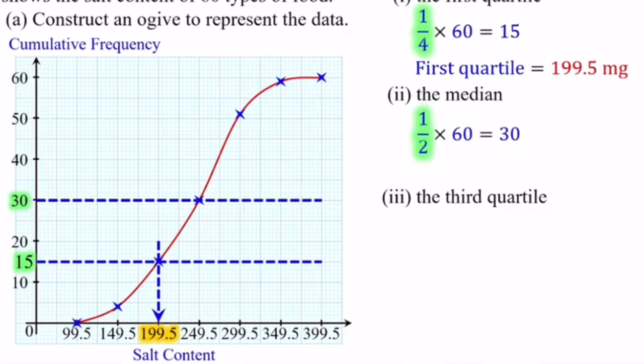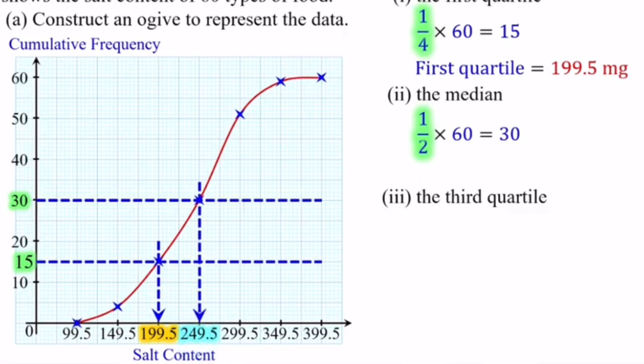And then the intersection point between the dash line and the ogive is the point where we draw the vertical line down to the horizontal axis, and we want to read the mass. So the mass is how many milligram? Let's study carefully how to read the scale of the upper boundary.